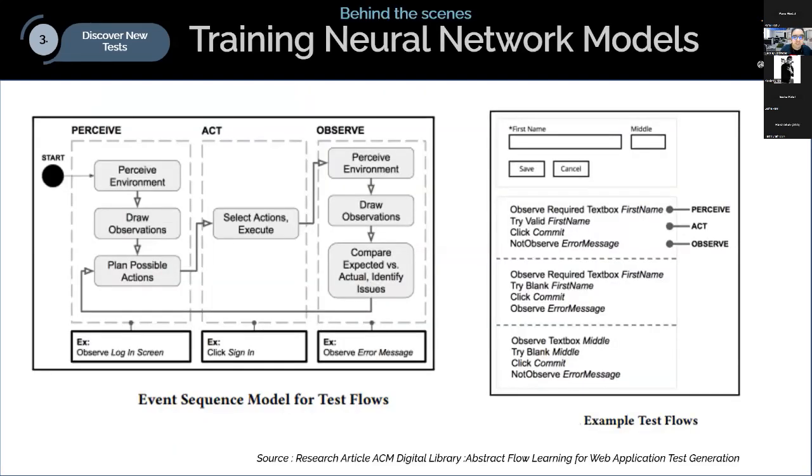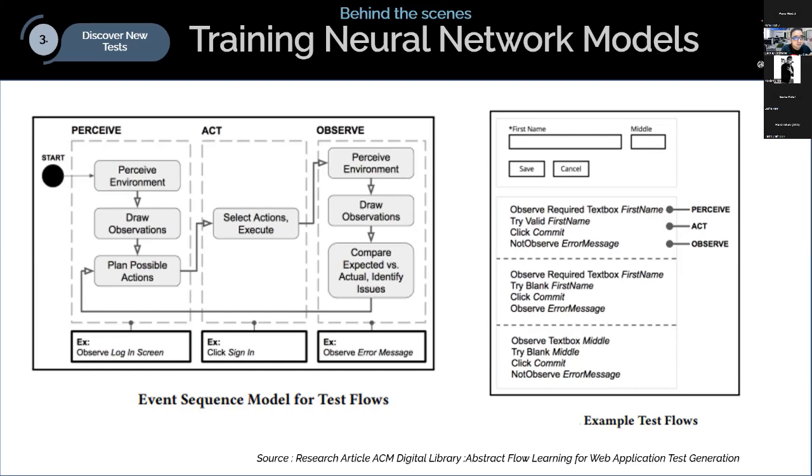So what is happening in the background? You're basically trying to train a neural network model, right? This is from a research article from the ACM Digital Library. So what is the neural network model actually doing? It is perceiving, it is acting, and it is observing, right? Perceiving is understanding what the environment is and what possible actions you can take on that environment. For example, a login screen, right? So this is a screen that I have now.